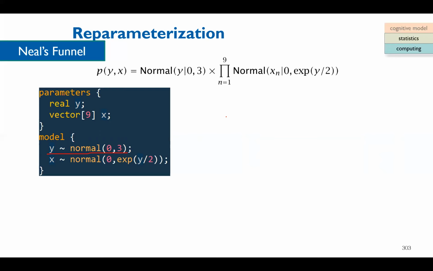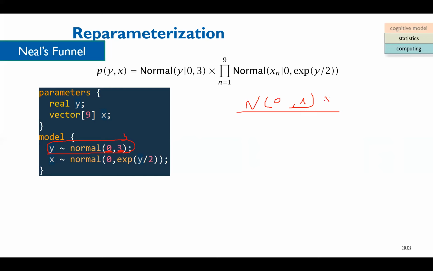So recall that we have a unit normal, normal 0, 1. How to reparameterize this? There are always 2 parameters for the normal. This is 0, this is 3. The 0 means we don't have a mu parameter. The mu equals 0, so we don't have to worry about that. We have a 3 for the standard deviation.